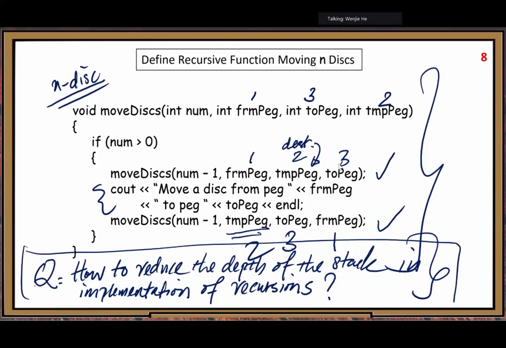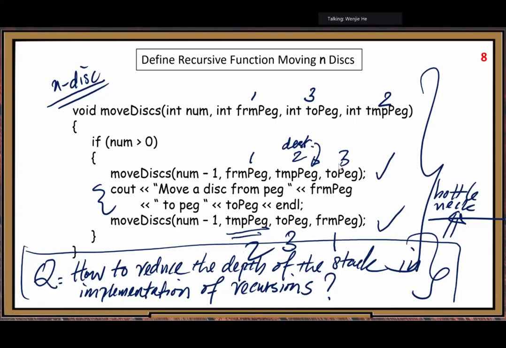Your algorithm has no logic problem. Your algorithm works in some perfect way, but this bottleneck may cause some problem. Okay? All right. So we complete part A.